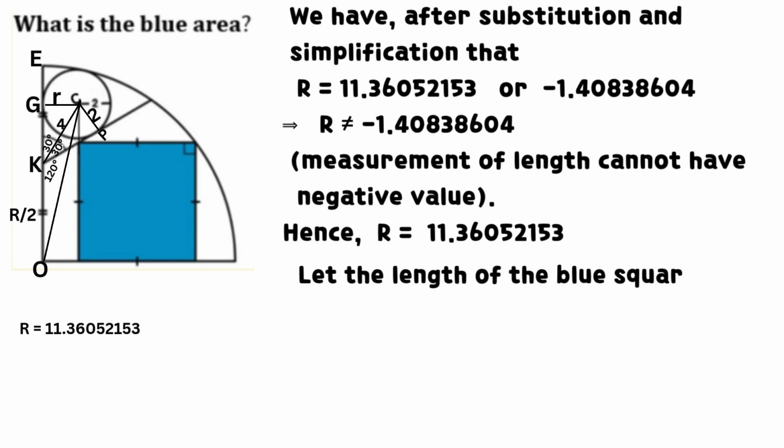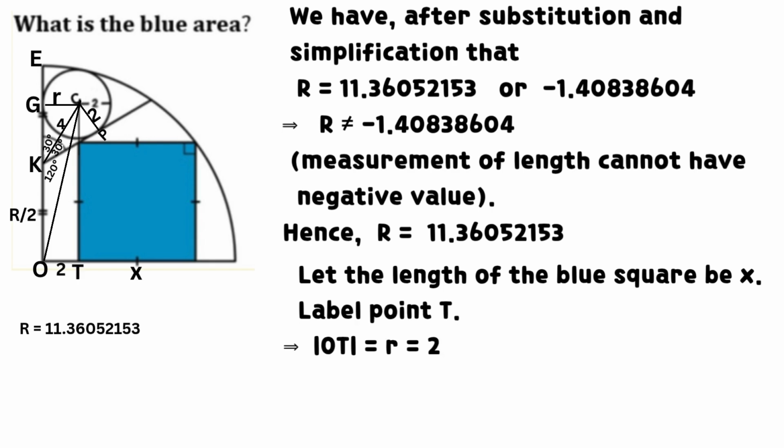Let the length of the blue square be x. Label point T. This implies that line OT equals R, which equals 2.